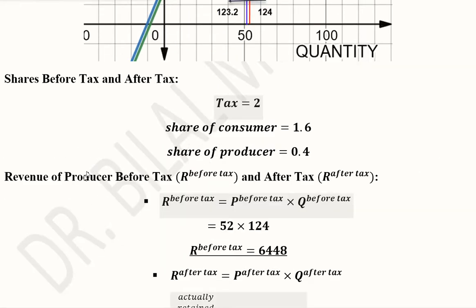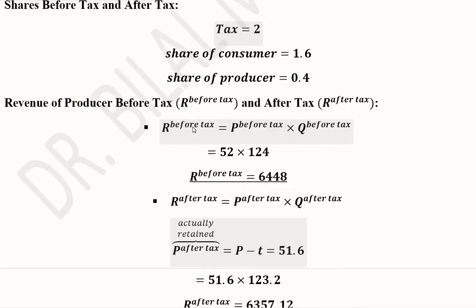Now we can observe the revenue of the producer before and after the imposition of the tax. So before the tax, the revenue can be calculated by multiplying price and output. However, both of them should be before tax. So the before tax price was 52 and before tax output was 124.